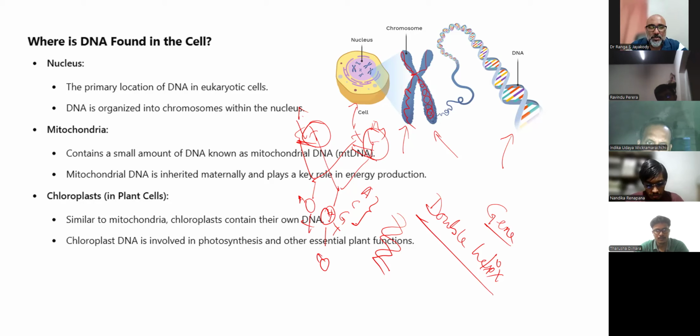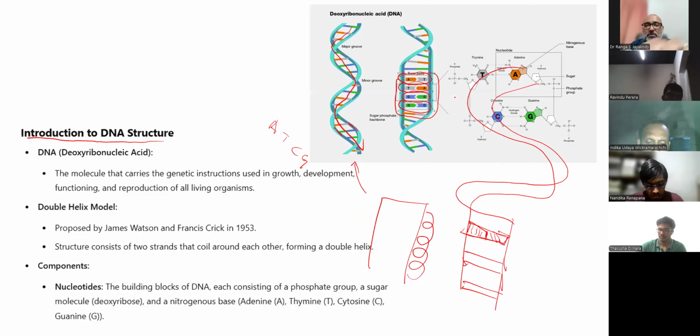So it is important for us to understand the entire DNA sequence, and in this DNA sequence we have genes, and each gene is responsible for coding one polypeptide chain.